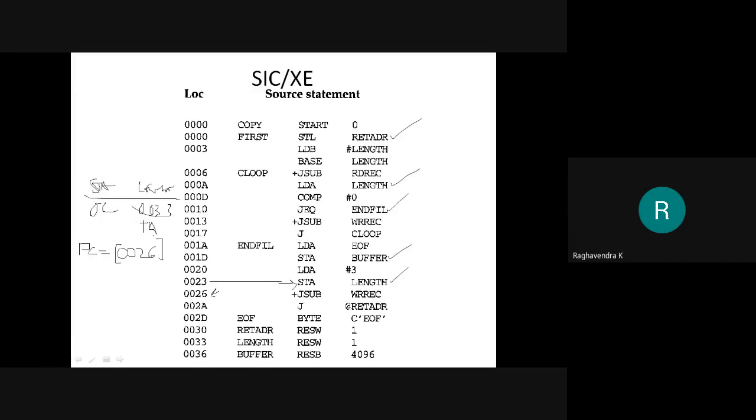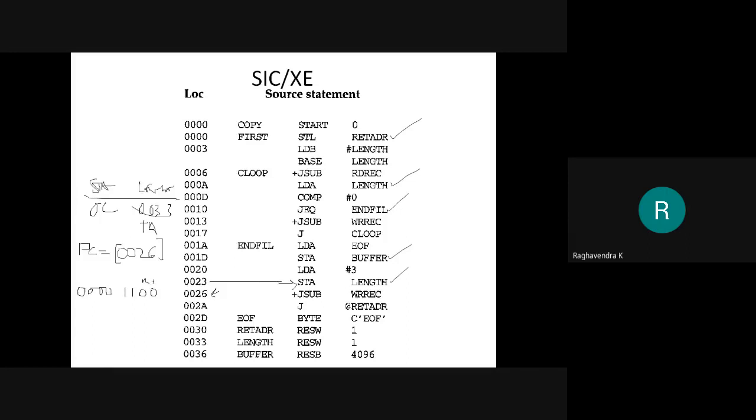Right, but before that, let us write down the flag values. So 0, 0, 0, 0. C means I believe it is 1100. Okay.